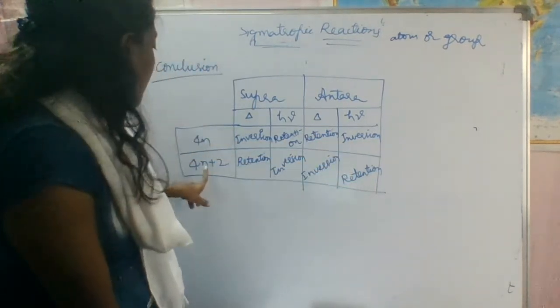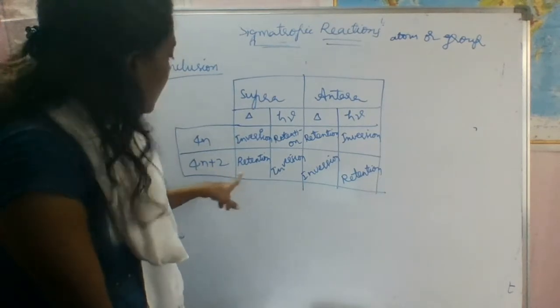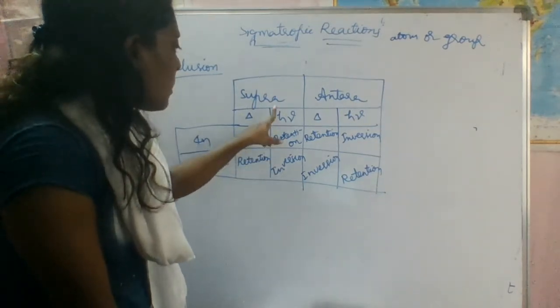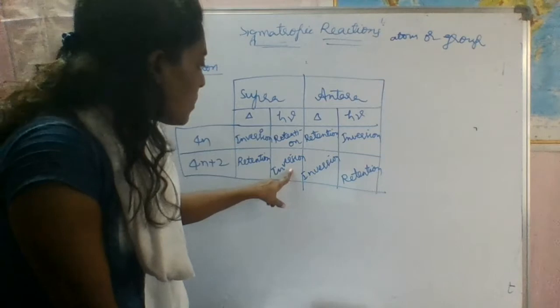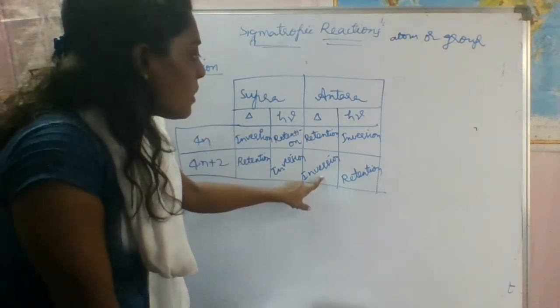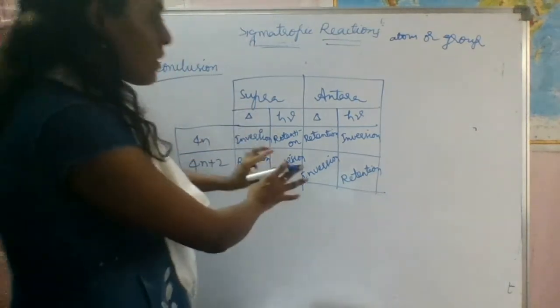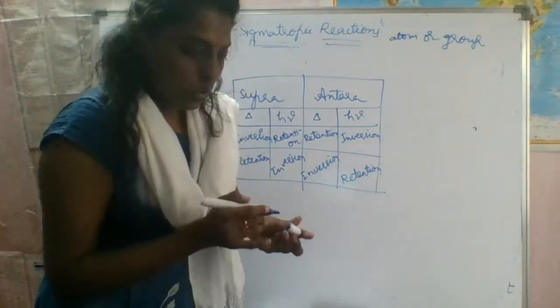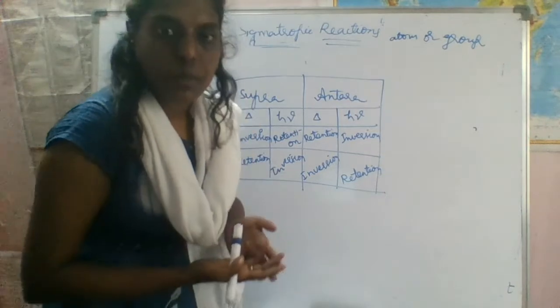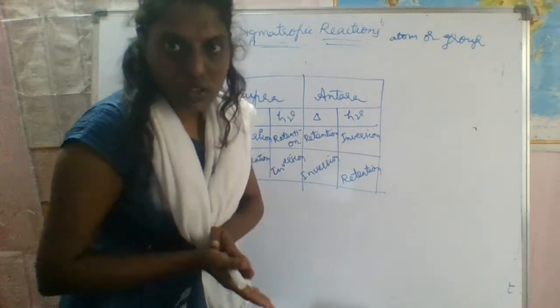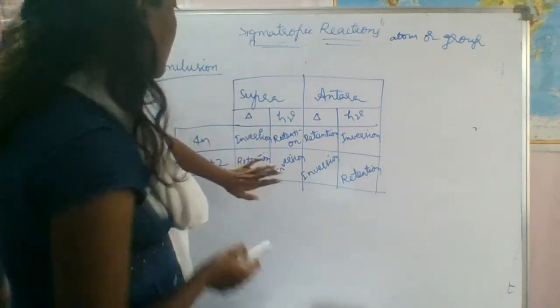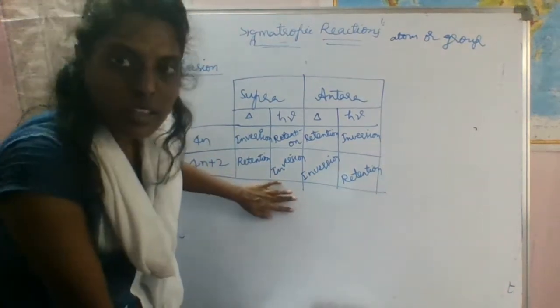And what about the 4n plus 2 system? It is about retention, and for photochemical condition inversion, right? If you learn one, you can learn the other concept because it is exactly opposite to that system. So learn this concept, and it will be very easy, right?